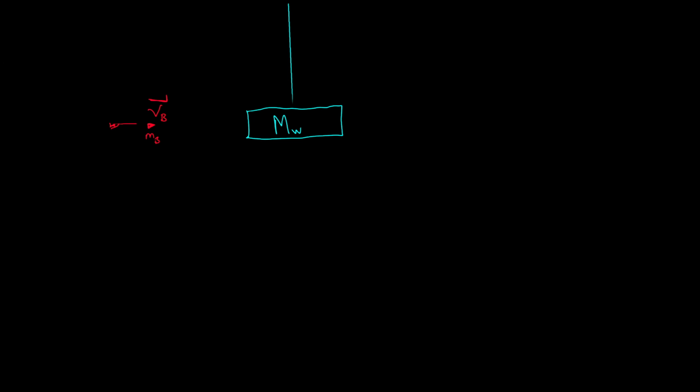What's going to happen is the bullet's going to fire, and it's going to lose energy ripping apart the wood. It has destructive energy that the bullet loses to the block, but it also transfers momentum.